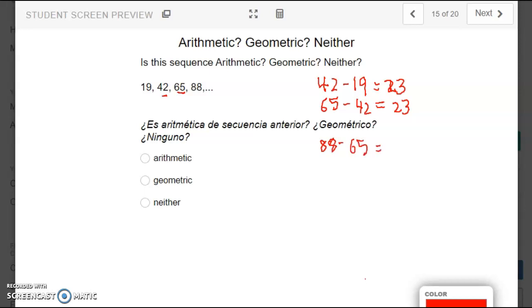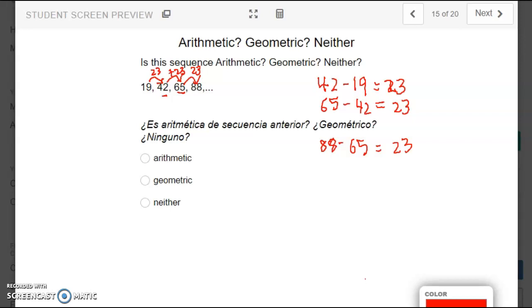And again, that is 23. So since the difference is 23, you are increasing by 23 and 23 and 23 here. I know that this is arithmetic.